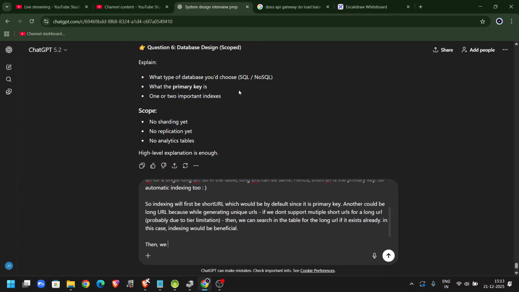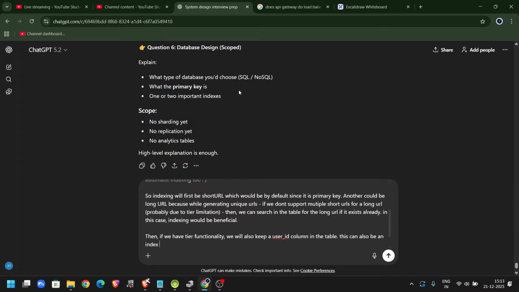Then, if we have tiers, we will also keep a user ID column in the table, which can also be indexed to show a dashboard to the user in the front end for their short IDs and long IDs in the system.